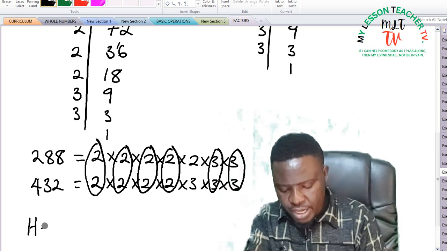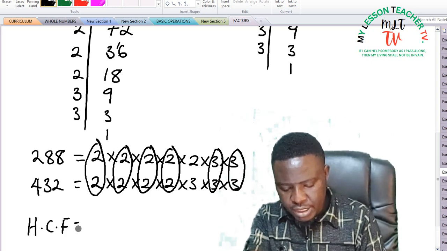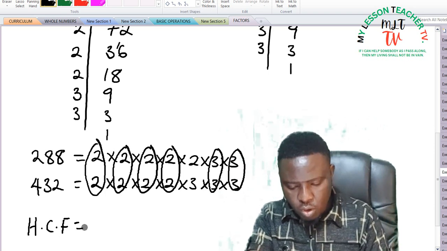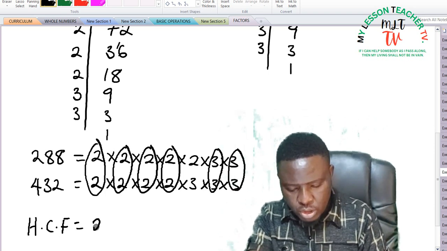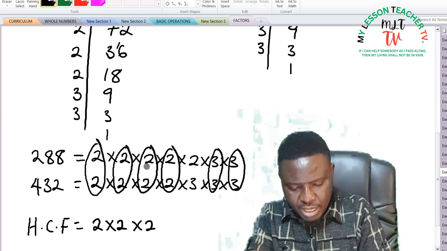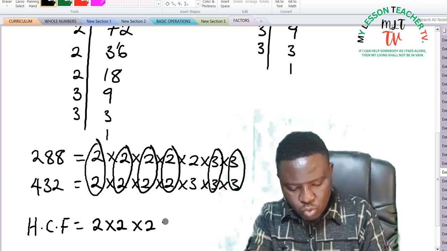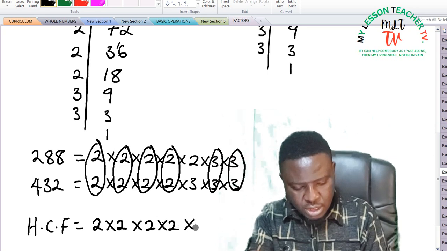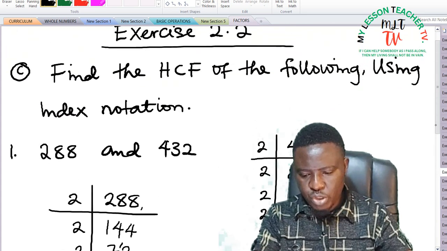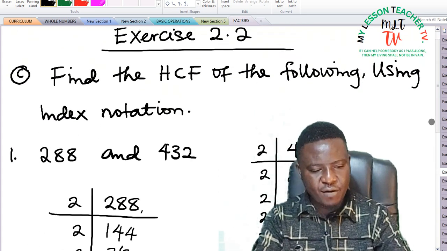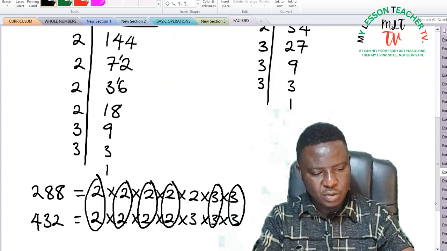So therefore, the HCF is the product of all the common factors, which is 2 times 2 times 2. I'm picking every pair. This is 2 appearing 4 times, times 3 appearing 2 times, 3 times 3. They say we should find the HCF of the following using index notation.